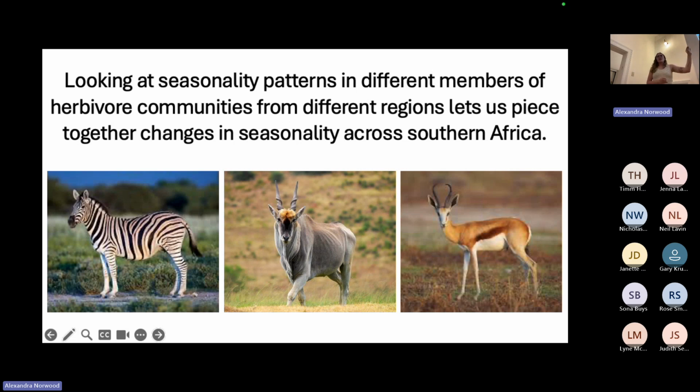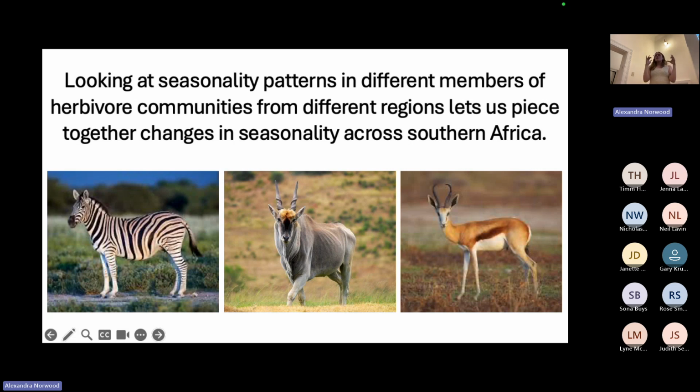We can come back to those same sites where we looked at the changing composition of animal communities through time and look at the isotopic values changing within teeth through time. So what does the seasonality pattern in a zebra from 20,000 years ago look like compared to one from 9,000 years ago?